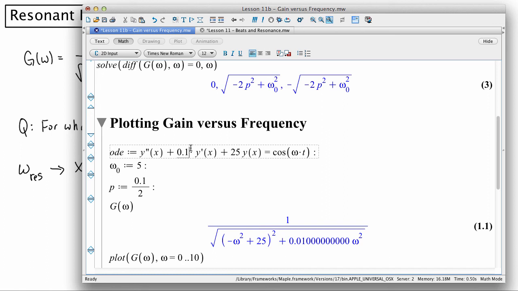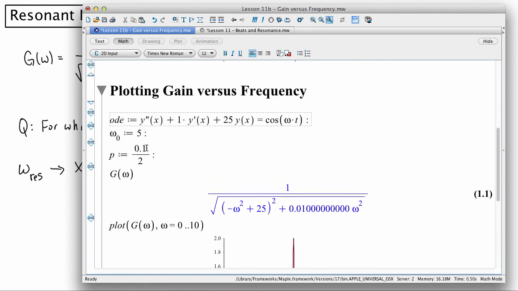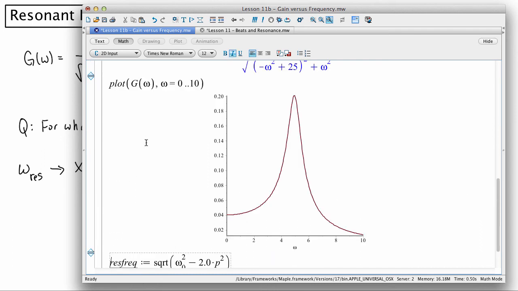Let's up that considerably. Let's replace it with a damping constant of, let's say, 1. And if I do that, then the only thing I need to change is my p-value here. Then recalculate the gain, replot it, and notice there's not as pronounced a spike. The oscillations themselves are smaller.